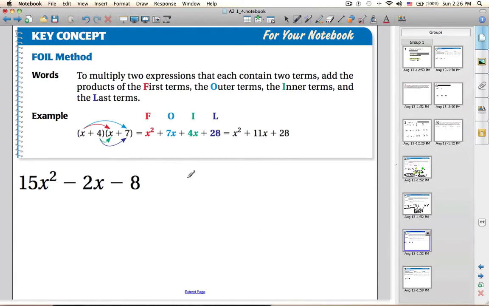Okay, so let's go ahead and look at another example. Right? We could have 1 and 15, or we could have 3 and 5. We could have 1 and 8, or we could have 2 and 4 to create, right? These again are my firsts, these are my lasts, and when we start talking about outside, inside, we want to have a difference of 2.